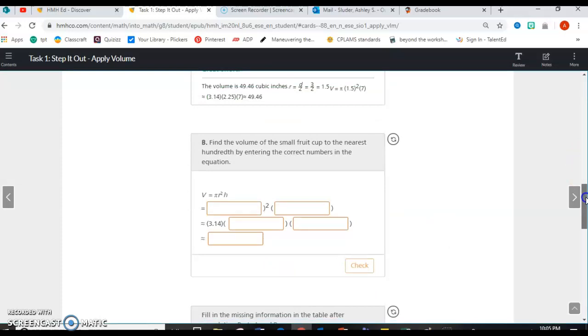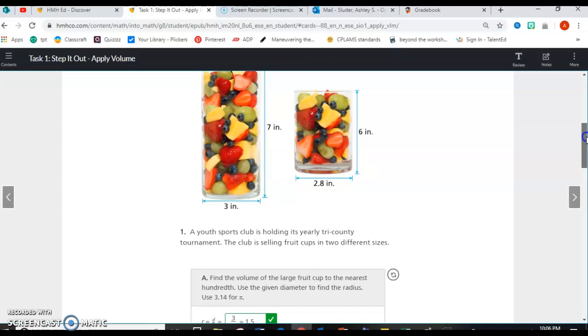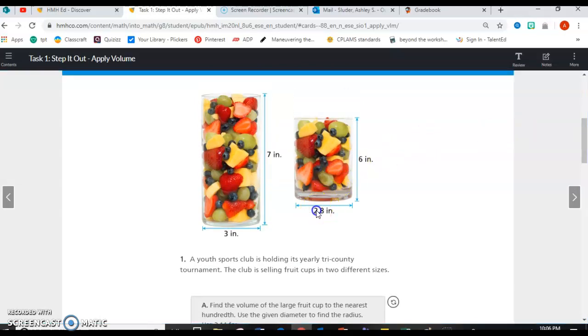Now they want us to find the volume of the small fruit cup to the nearest hundredth by entering the correct numbers in the equation. Volume for the small cylinder is pi radius squared times height, which means I need to find what the radius is. Here, the diameter is 2.8 inches.